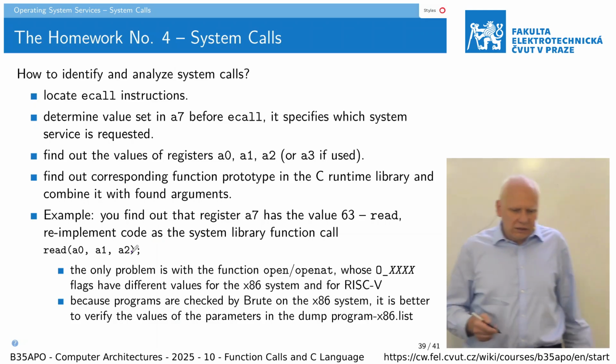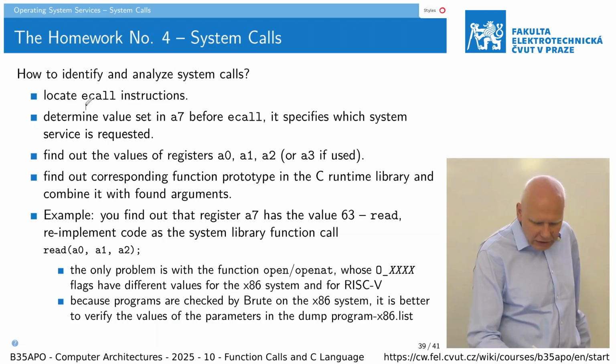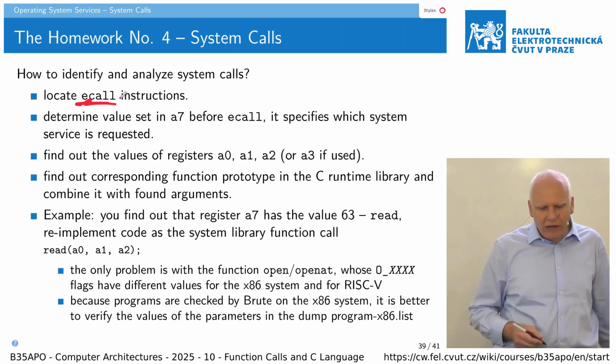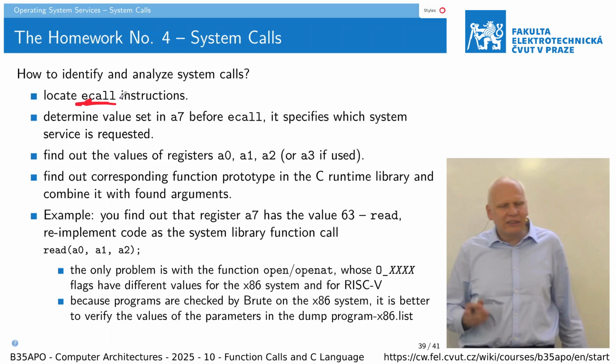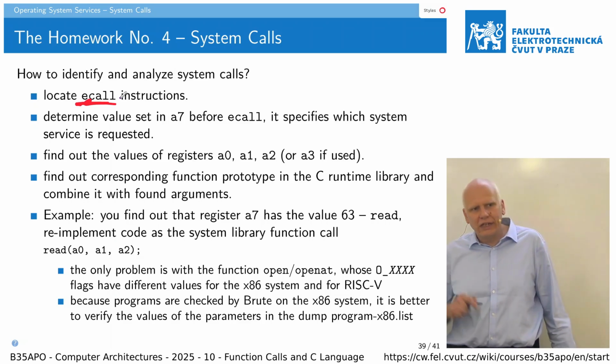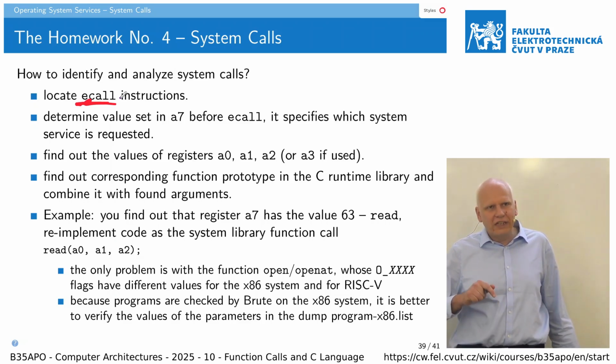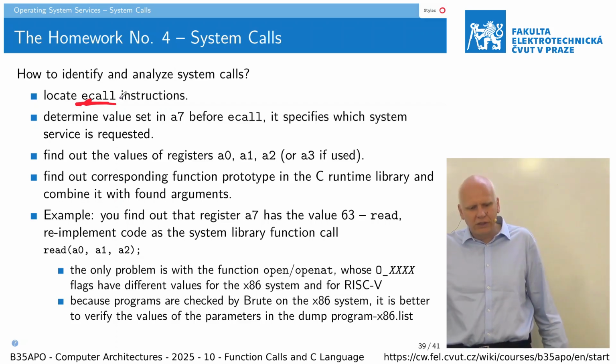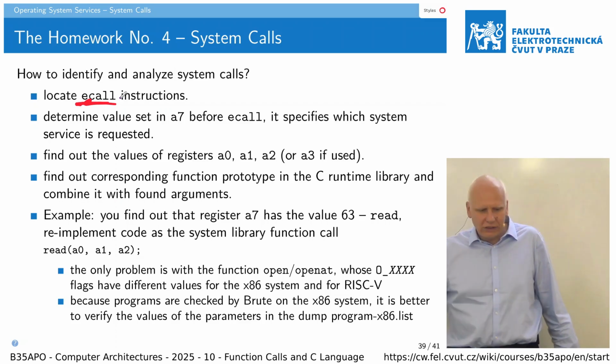And in the homework, you identify in the RISC-V listing the system calls by the eCall. It is very simplified code, because in reality, you would not find there the eCall, but calling of some wrappers of the system calls and so on in the real code.